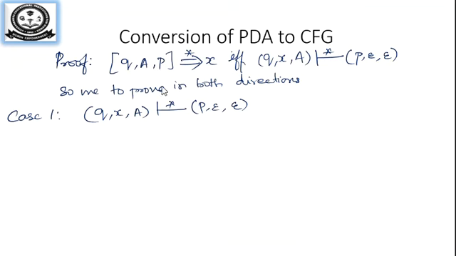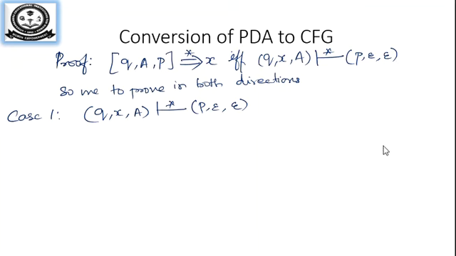If a PDA is given, the transition function must derive to a string, a set of terminal symbols, if and only if you have a transition function such that q comma x comma a can be derived to p comma epsilon, because if a string is derived from a PDA, then that string must be accepted by empty stack.